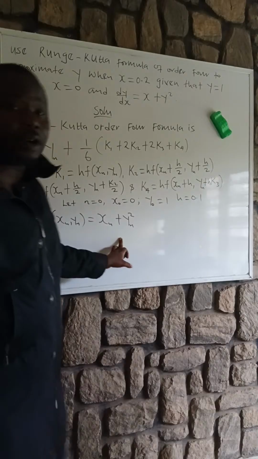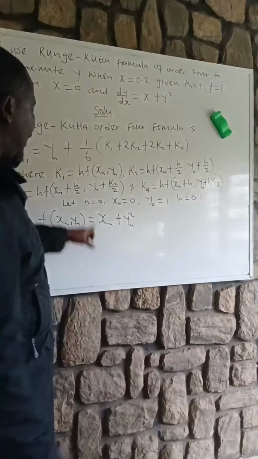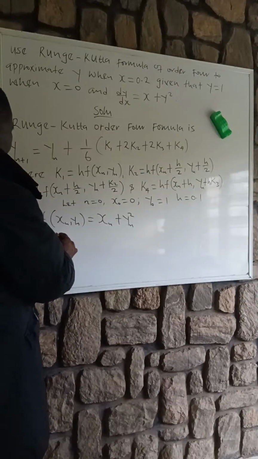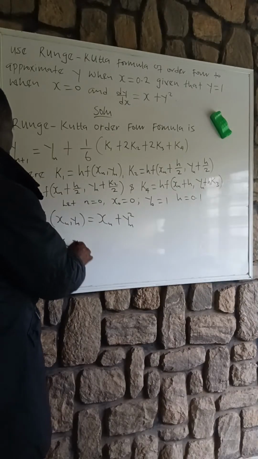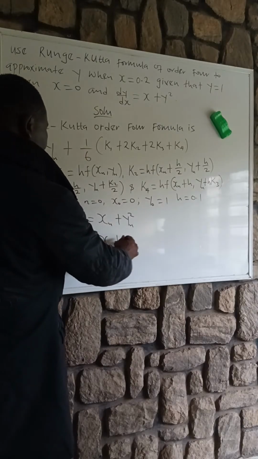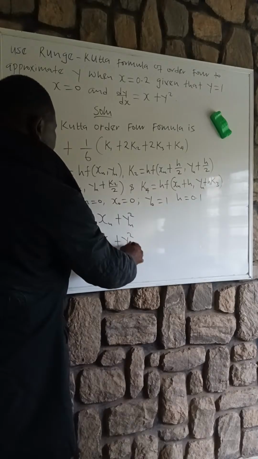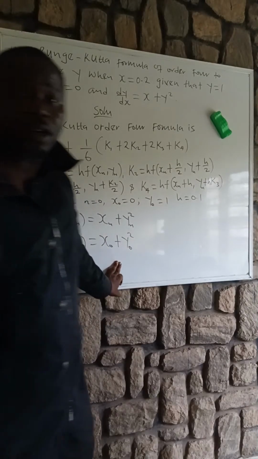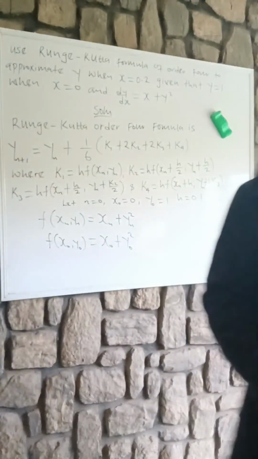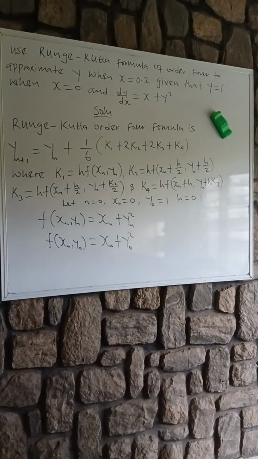So if now we let n equals 0, the function will be f of x naught comma y naught, isn't it? Which is equal to x naught plus y naught squared. True or false? Do you agree with me? Look at the board. Okay, so far, so good.